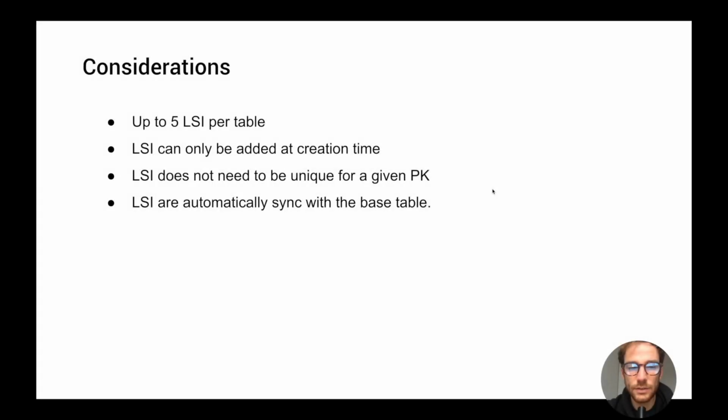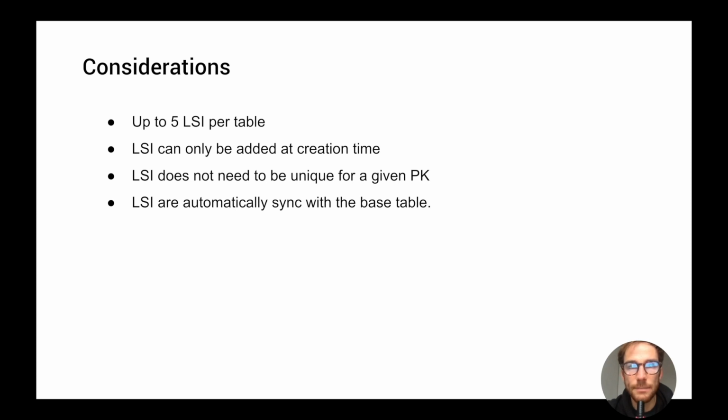Okay, the first thing to consider is that you can have up to 5 LSIs per table, even though this is a soft limit. So if you ask AWS support to go beyond the limit of 5, I think it's possible. Second thing is that LSIs can only be created at creation time of the table.